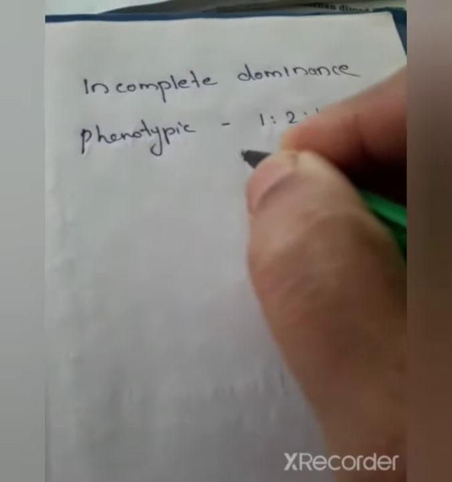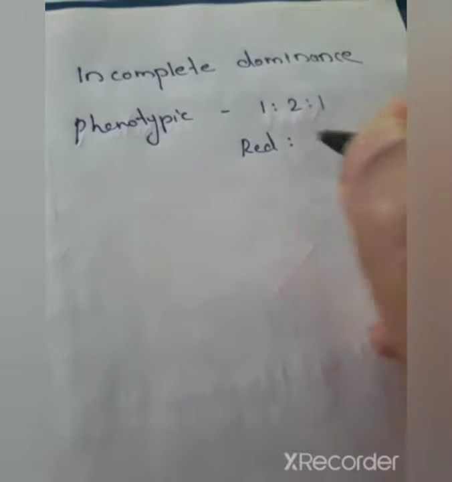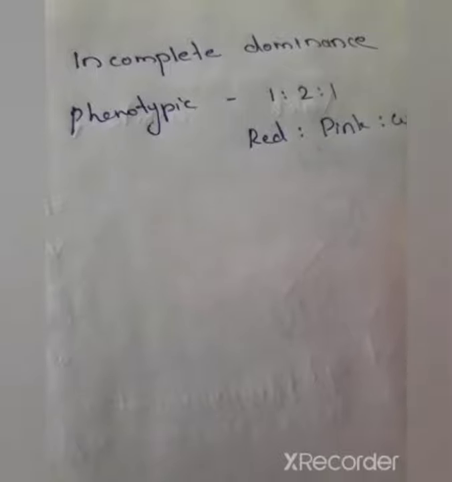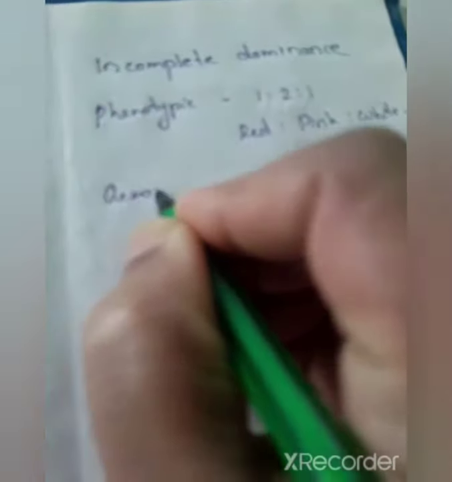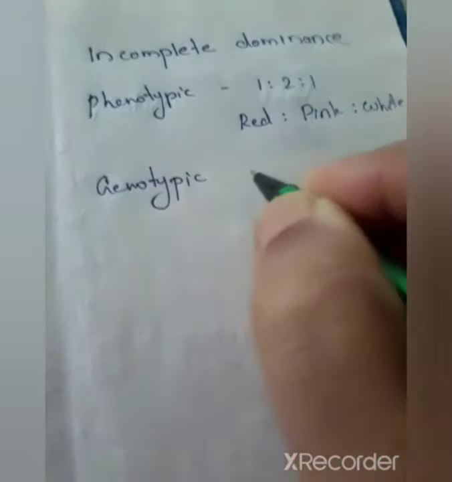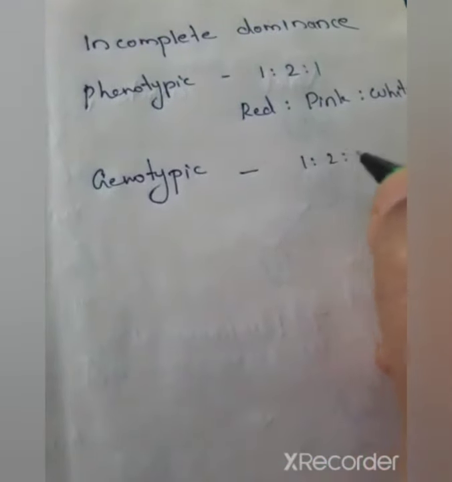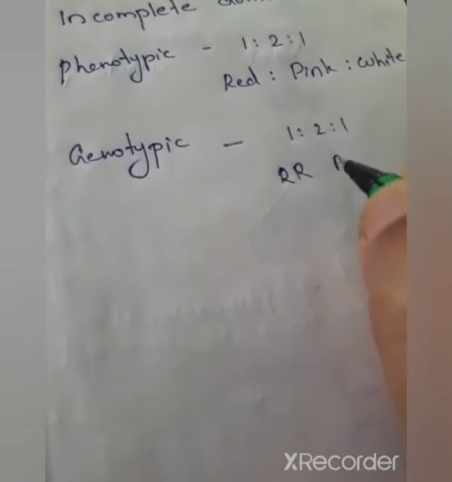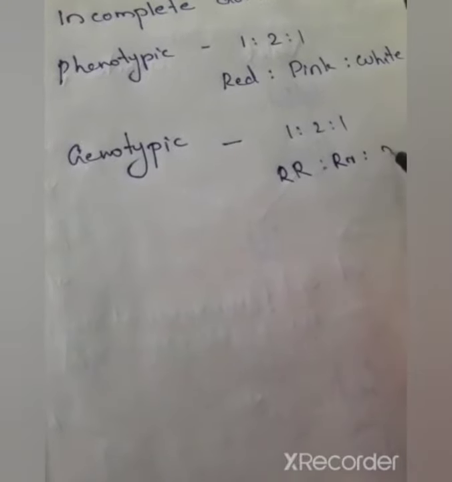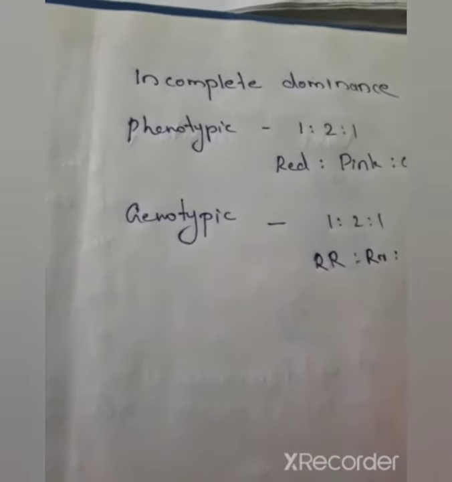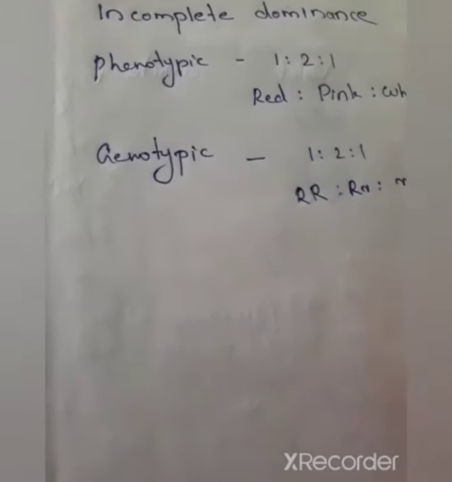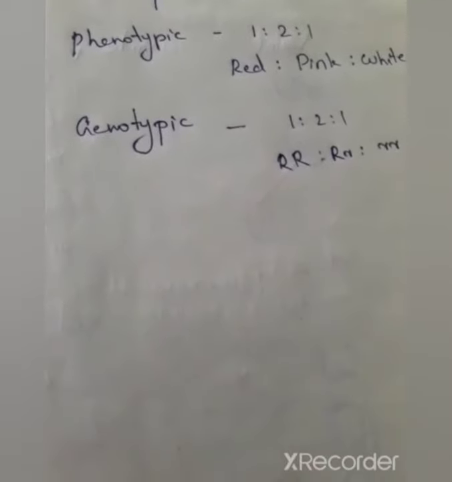The 1 represents red, 2 represents pink, and the next 1 represents white. Its genotypic ratio is also 1:2:1: one capital R capital R, two capital R small r, then small r small r.